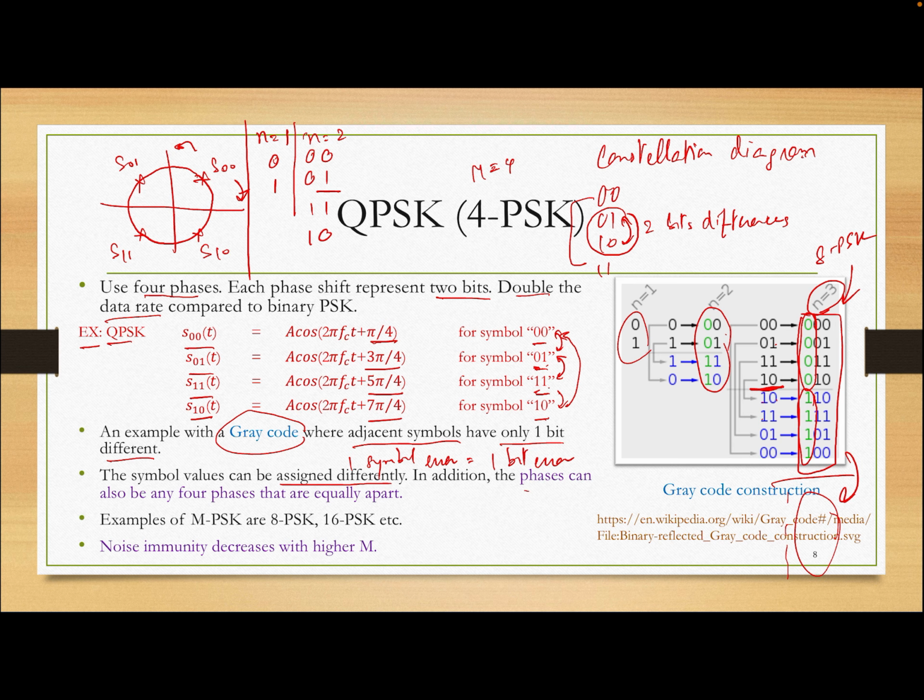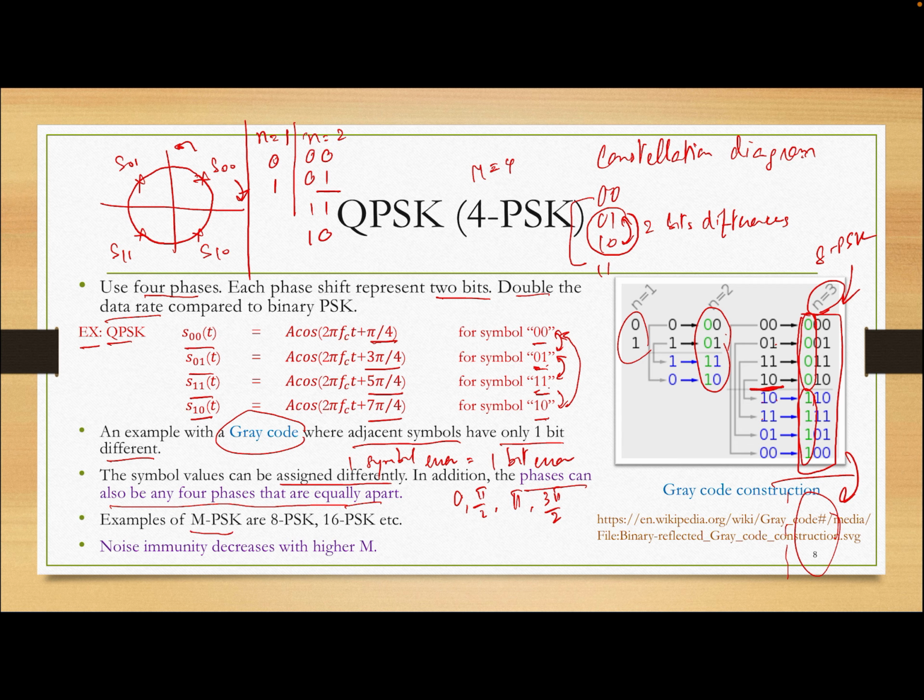And the phase can also be any other phase that are equally apart. So I can use the phases 0, pi over 2, pi, 3 pi over 2, something like this, instead of the pi over 4 case. But they have to be equally apart to be a good encoding.